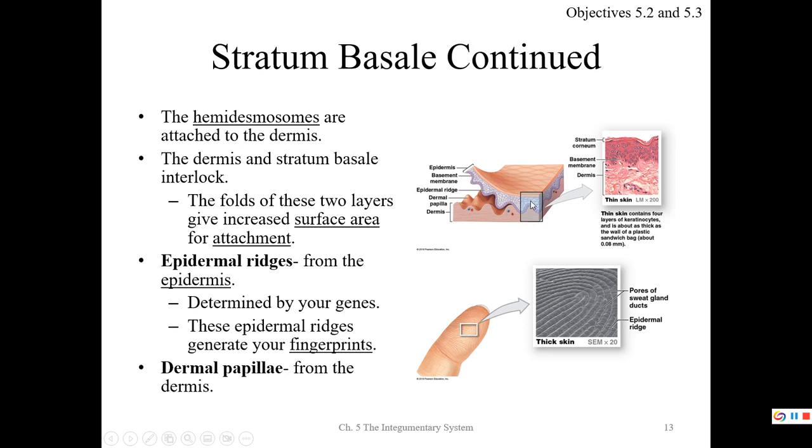Papilla means nipple, these nipple-like projections. They have these folds to increase surface area for attachment. There are epidermal ridges, which are determined by your genes, and this is what generates your fingerprints. The dermal papilla are the ridges here on the dermis.